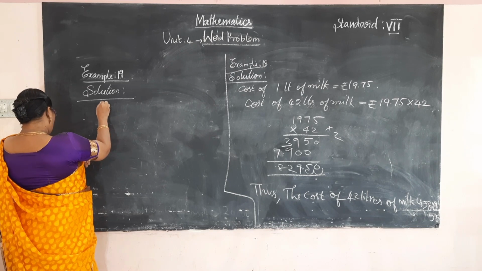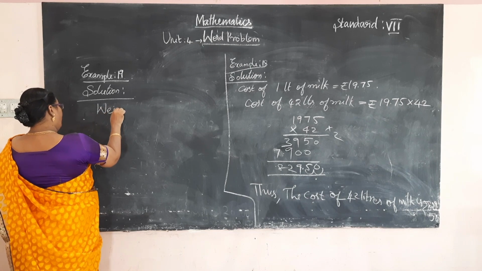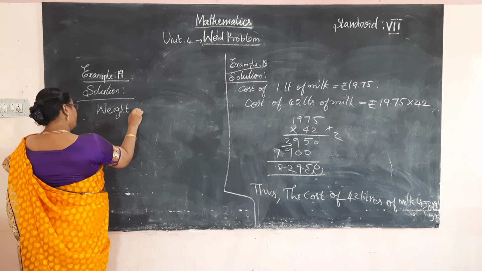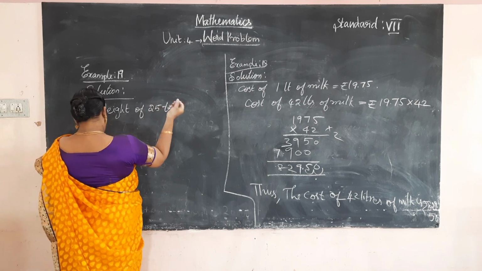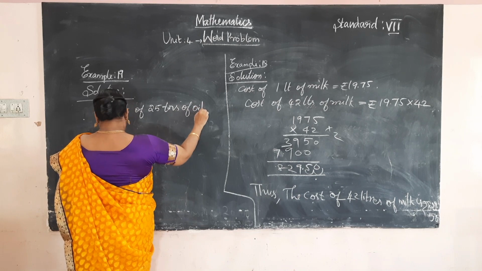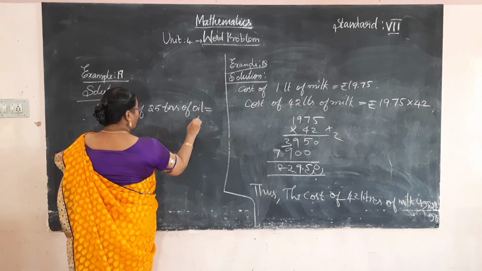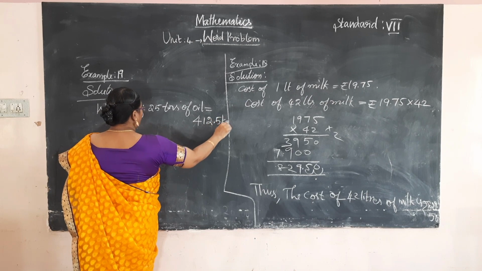First, the weight of 25 tins of oil is 412.5 kg.